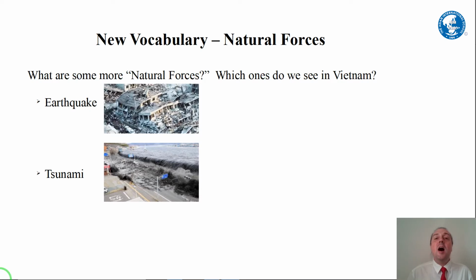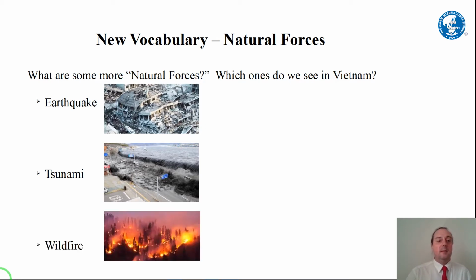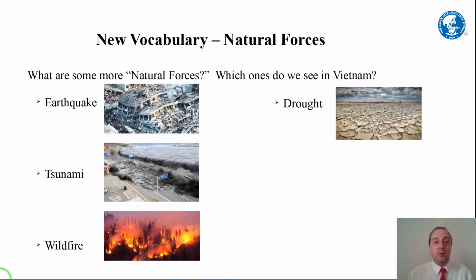Good. Tsunami is when there's a big wave caused by an earthquake that happens in the ocean. Next, wildfire. Your turn. Wildfire. Good. The next one, drought. One more time, drought. Good.